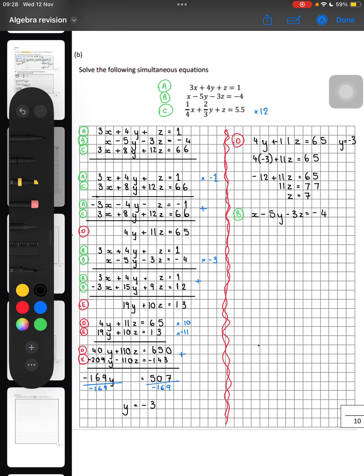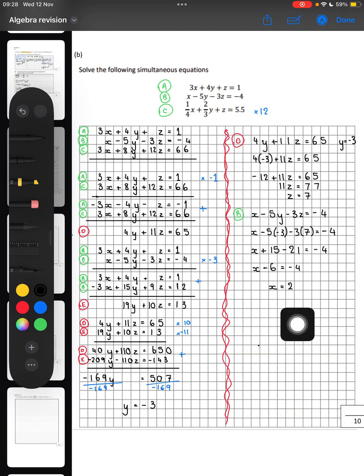So I have x, minus 5 by y, so by minus 3, minus 3 by z, so by 7, is minus 4. So just work out there for x. So x plus 15 minus 21 is minus 4. So x minus 6 is minus 4. So add 6 to both sides so that we get that x is 2.